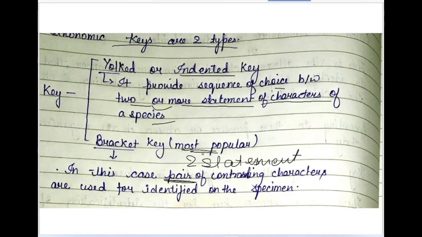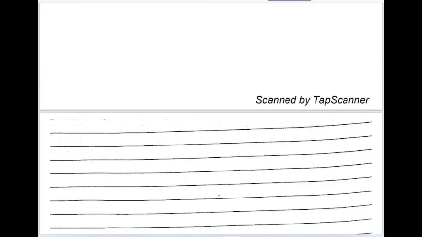Now our chapter is ended, but before I end it, I will give you some examples. Let's suppose we talk about the bat. What are the keys to identify a bat? The presence of mammary glands, eyes, ears and wings is the key for the bat. The presence of beak, feathers, wings, and absence of mammary glands, hair and teeth is the key for birds.